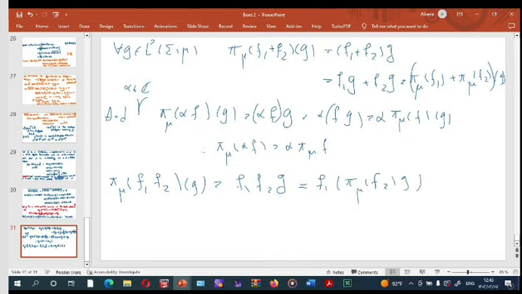This is equal to P mu of f1 of P mu of f2 of g.